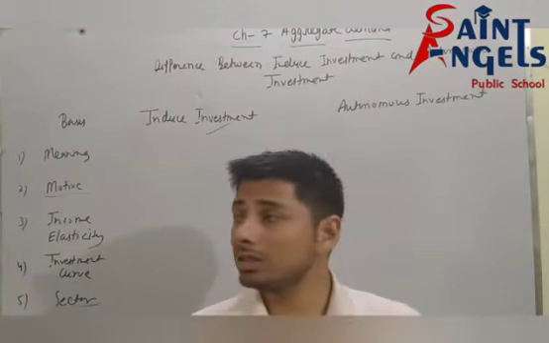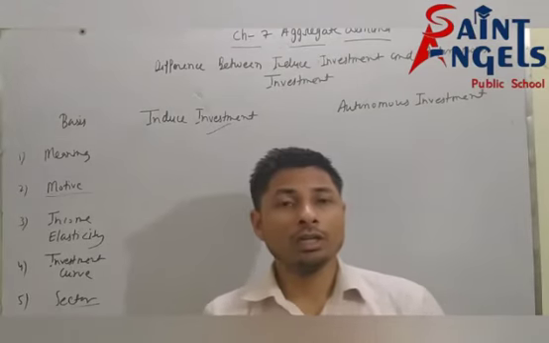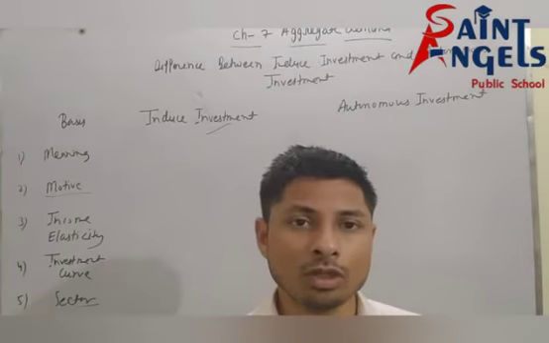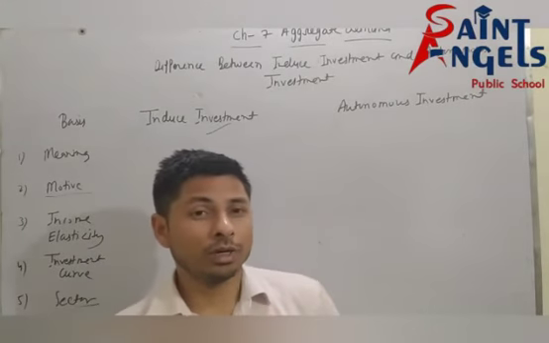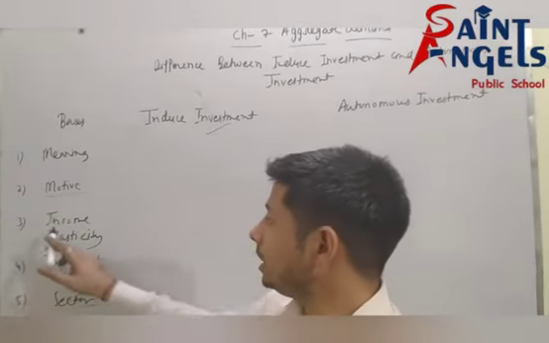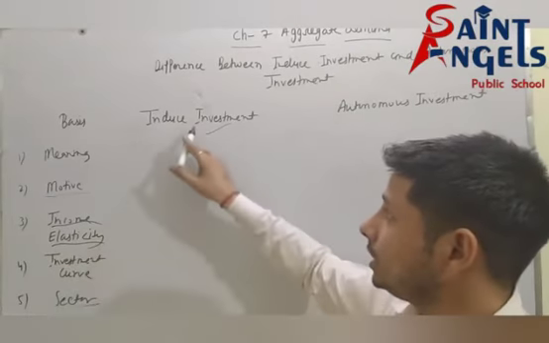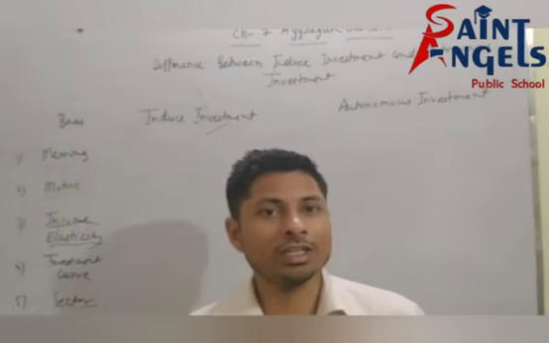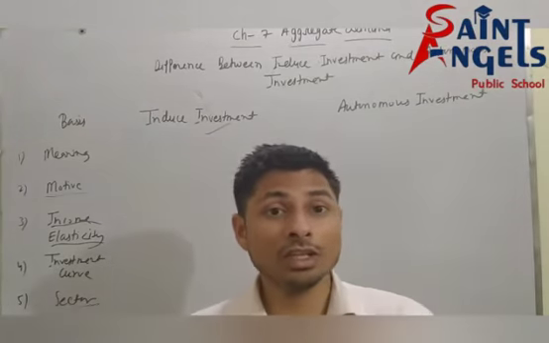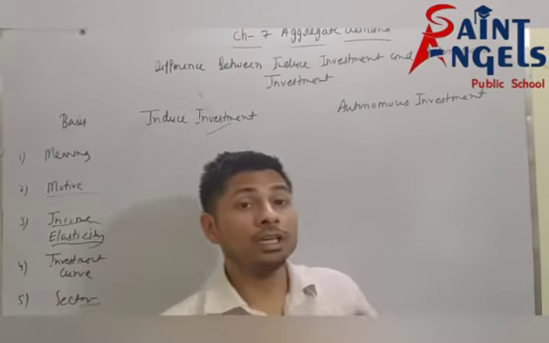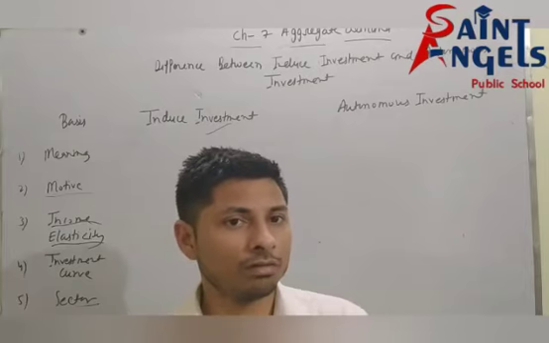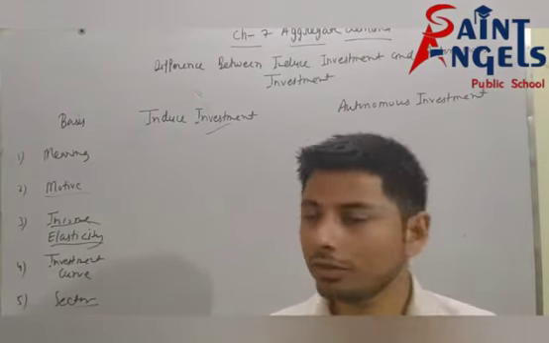You can say like this: induced investment depends on the profit motive, and autonomous investment depends on the social welfare. See, income elasticity: induced investment is income elastic because it is affected by the changes in the level of income, and autonomous investment is income inelastic because it is not affected by the changes in the level of income.